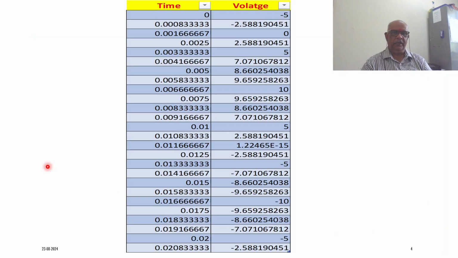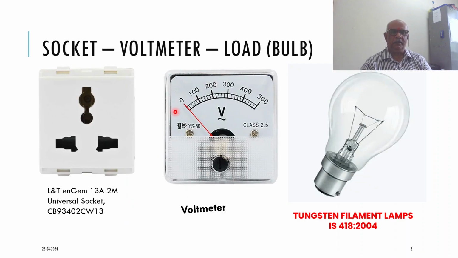So if I try to analyze, what happens is at time equal to 0, it has some value, let's say minus 5 volts. At this time instant, mind you, this is in milliseconds. So we are presuming that we can see the voltmeter readings in milliseconds. Now this voltmeter is going to change very swiftly, whatever the value of the voltage is.